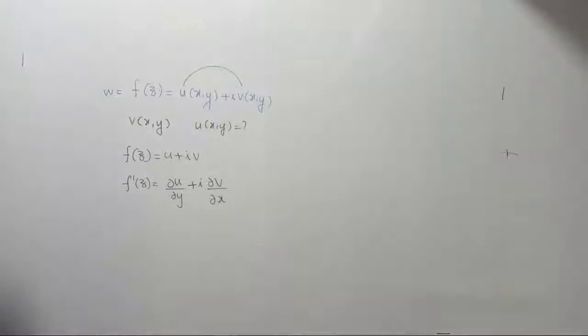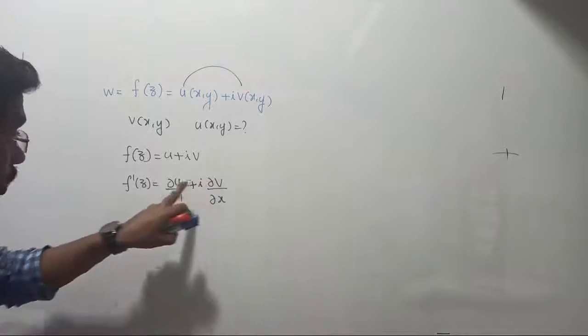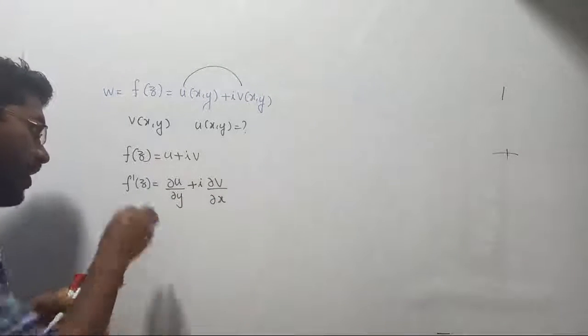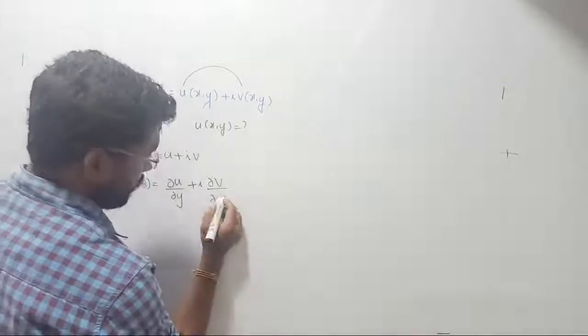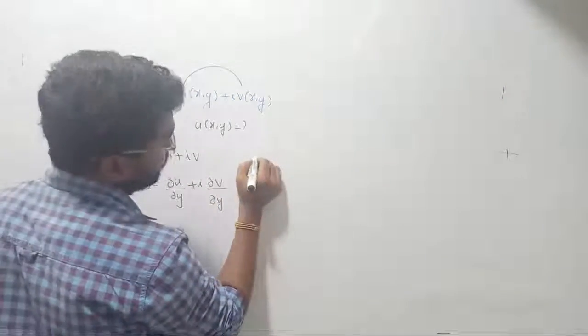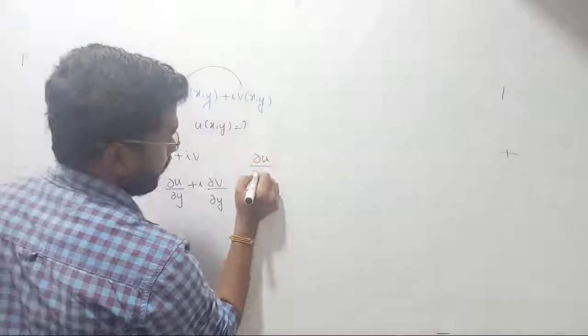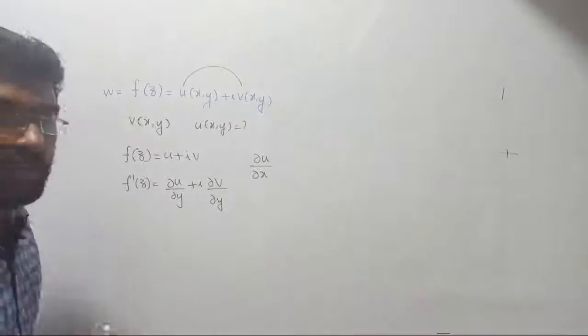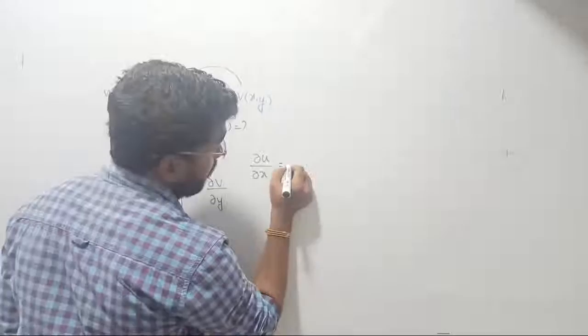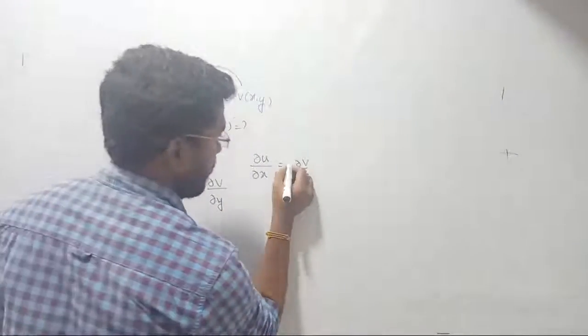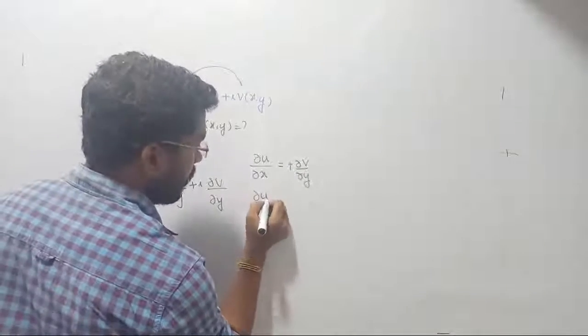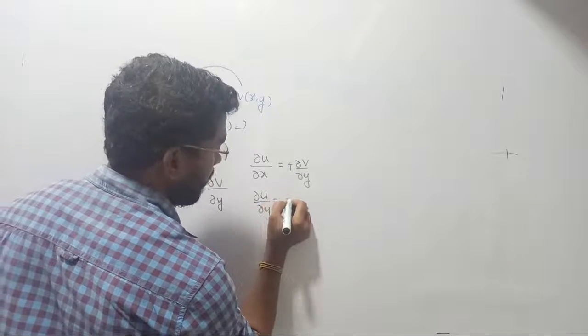Next step, which variable is known for us? v is known, u is not known, so I have to write u in terms of v. What shall we do? Sorry guys, this is y. According to the Cauchy-Riemann equations, a function is said to be an analytic function whenever dou u by dou x equals minus dou v by dou y. Similarly, dou u by dou y equals minus dou v by dou x.